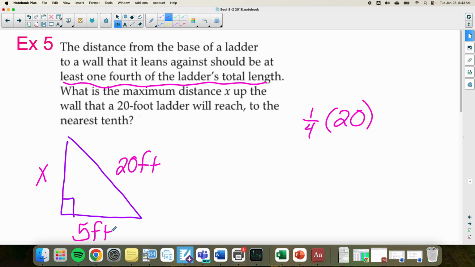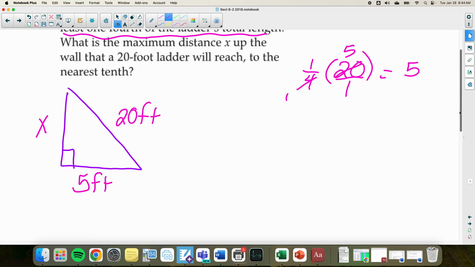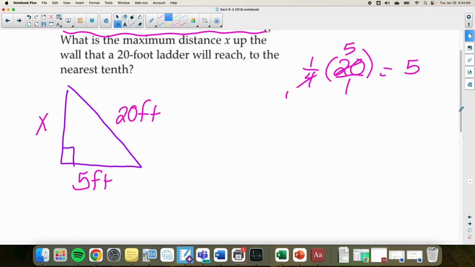Okay. What happens here, one way you can do it is if the 4's on the bottom, 20's on the top, you can divide each of these by 4. And then multiply, you have a 5 on the top, you have a 1 on the bottom. Okay? You could go 0.25 times 20 if you can't do that in your head.